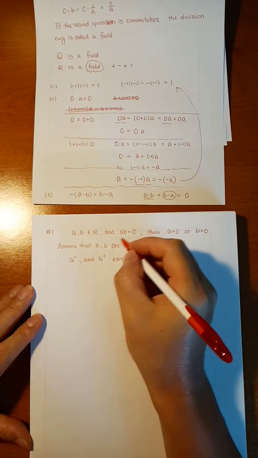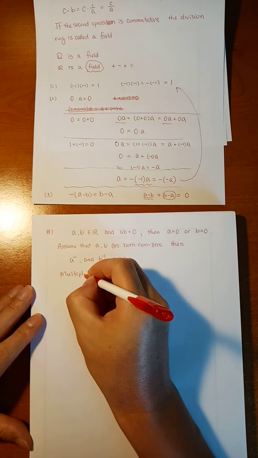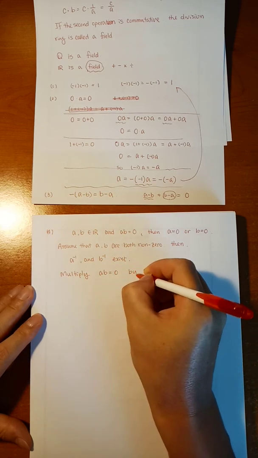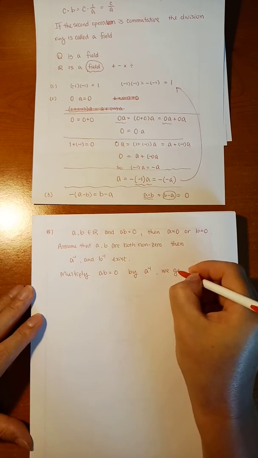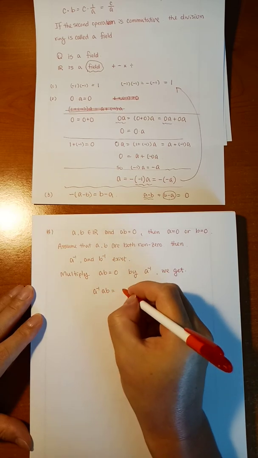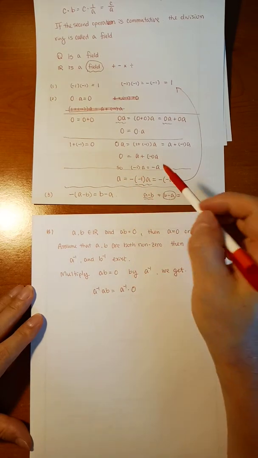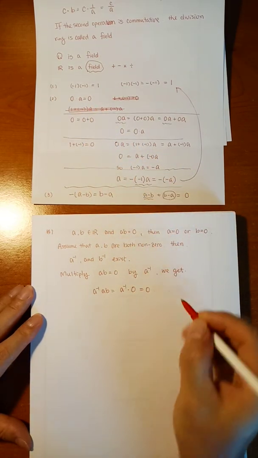We multiply AB equal to 0 by A inverse. We get A inverse times AB is equal to A inverse times 0. A inverse times 0, we just notice that 0 times any number is 0, so it is equal to 0.